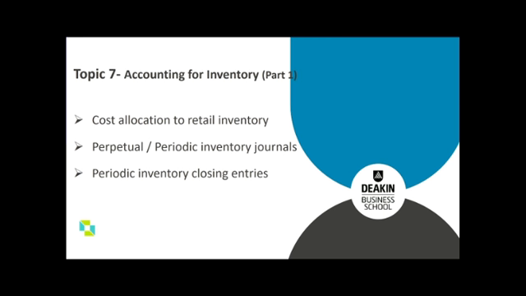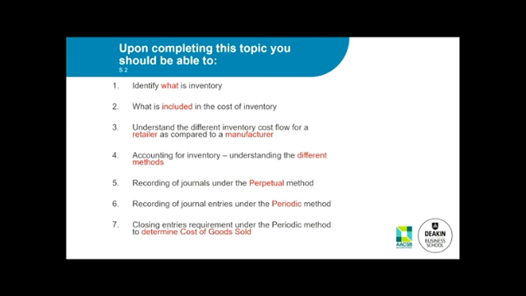It's more accurate than the periodic system, right? But the periodic system arguably is easier to record or bookkeep, in other words. But ultimately, the result is the same. In terms of profits, it will be the same, right? You will still have the same amount of inventory at the end of the period reported on your balance sheet, but the way you go about recording it is different. And it depends on a couple of things, and we'll have a look at it later in the lecture.